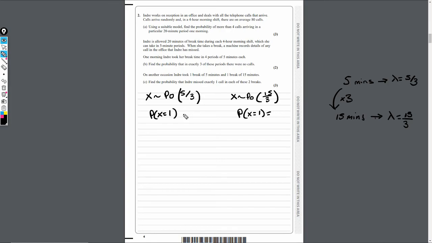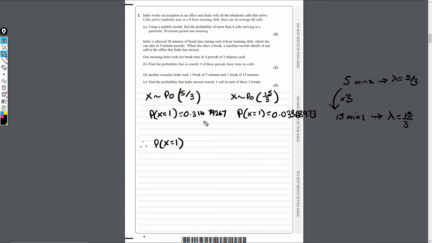Okay, so if I do the 5-minute one first, this will be 0.3147927. I'm going to keep all my accuracy just because I don't want to lose any accuracy in my final calculation. And for this one here, this will be, I'm losing my voice, 0.03368973.